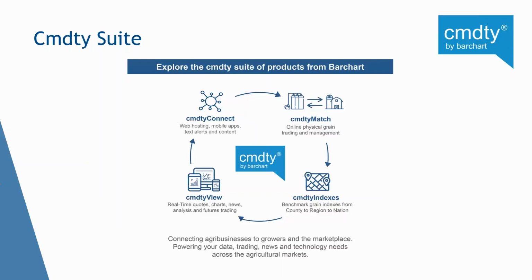Then we're going to talk about Commodity Match, which is our grain offer system, online grain transaction portal, as well as commodity indexes, both of which have been integrated fully into Commodity View. You saw how Darren used the commodity indexes in a bunch of his analysis, so we'll be taking a look at some of the things you can do with those as well. But the focus will be around Commodity View.